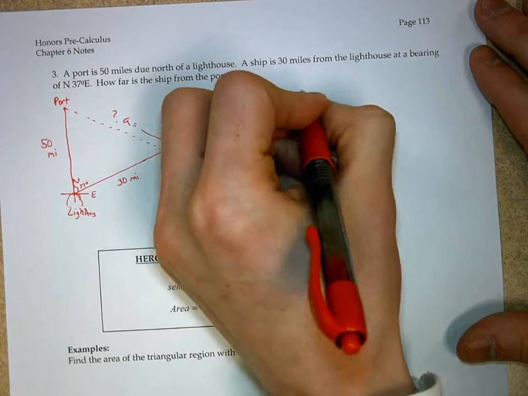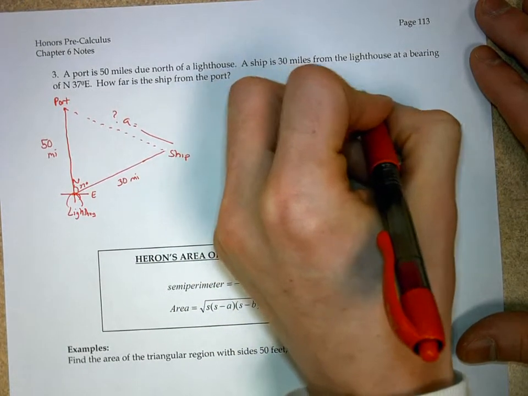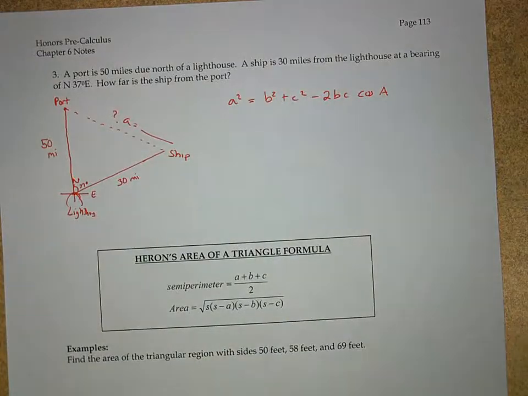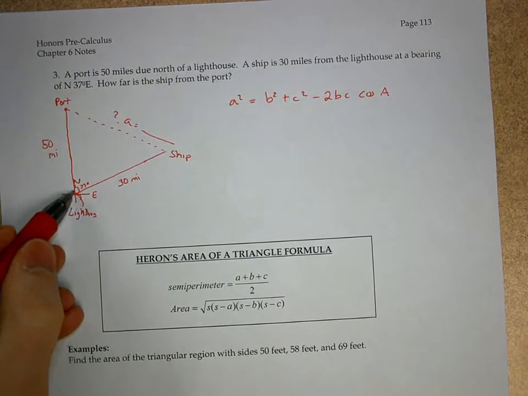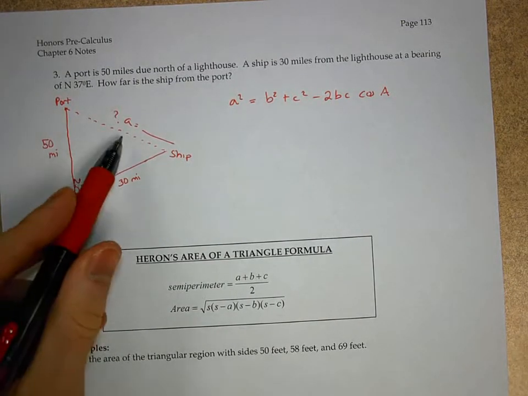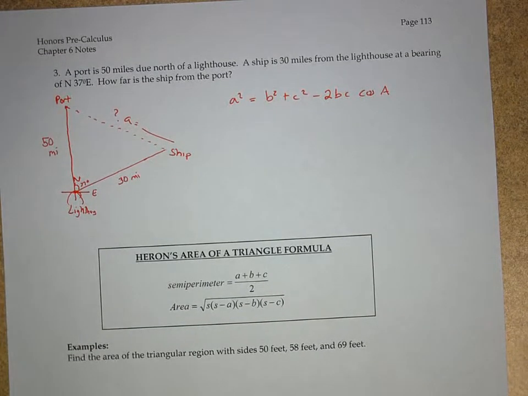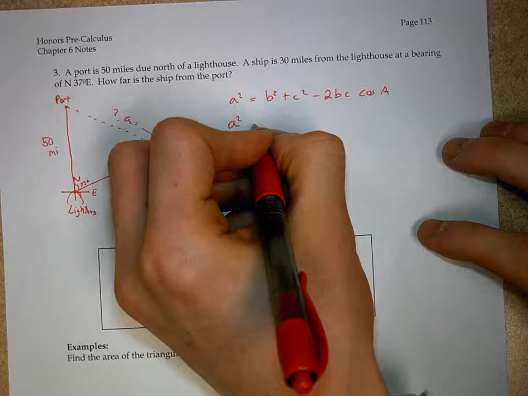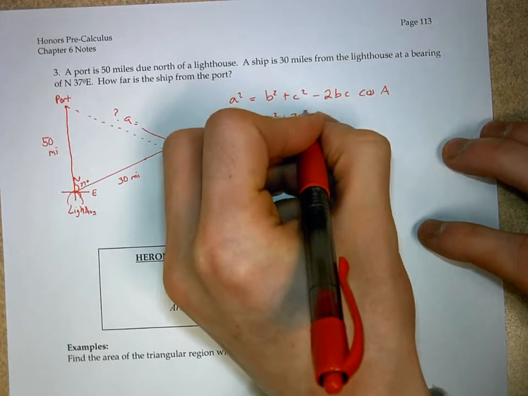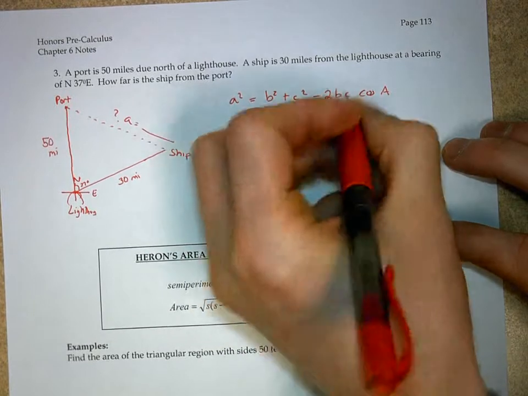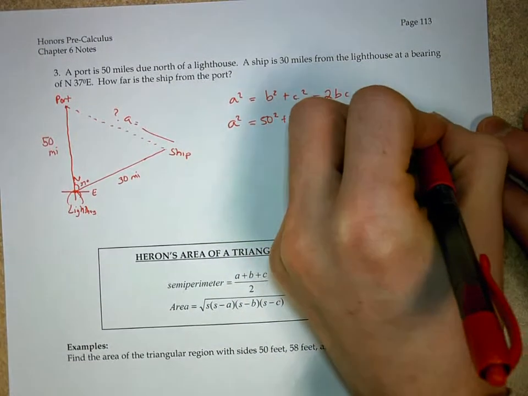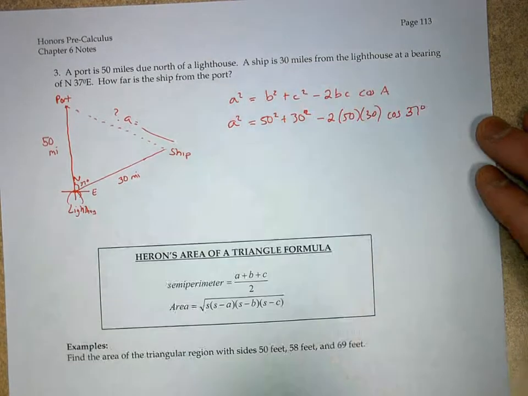A squared equals b squared plus c squared minus 2bc cosine of A. And I'm going to declare 37 degrees being angle A since it's across from side A. The other two sides are really irrelevant in what I call them. So let's call B the 50. We'll call C the 30. Minus 2 times 50 times 30 times the cosine of 37 degrees.